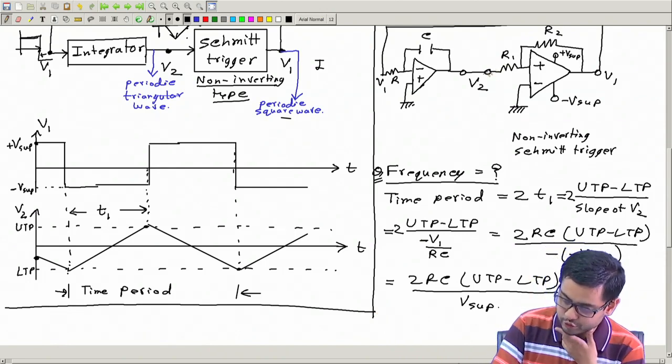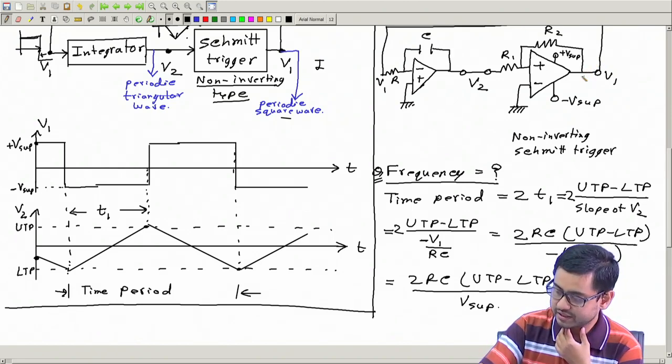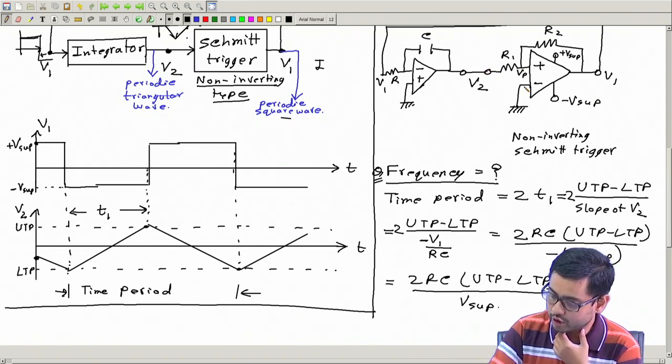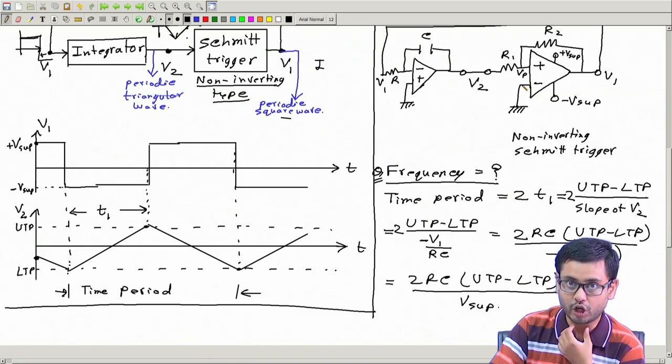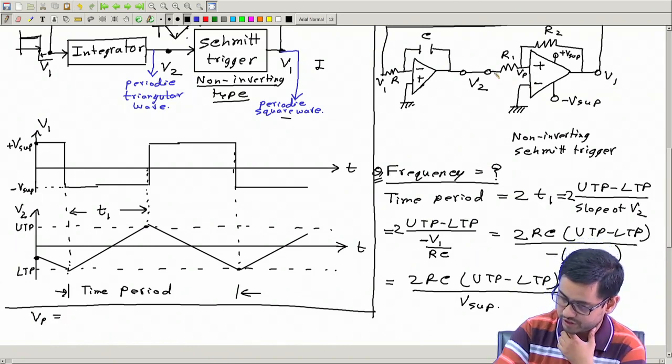To find the required voltage at this point which will change the output, say at any moment this is negative, minus V supply, then let's ask what value of the input will make this Vp equal to 0. That is the crossing point. And Vp, we know, is given by Millman's theorem.